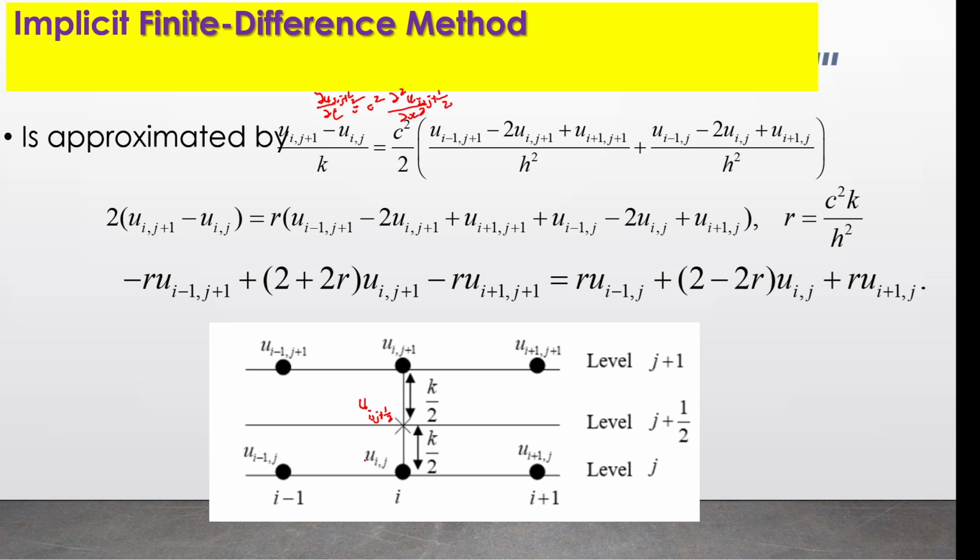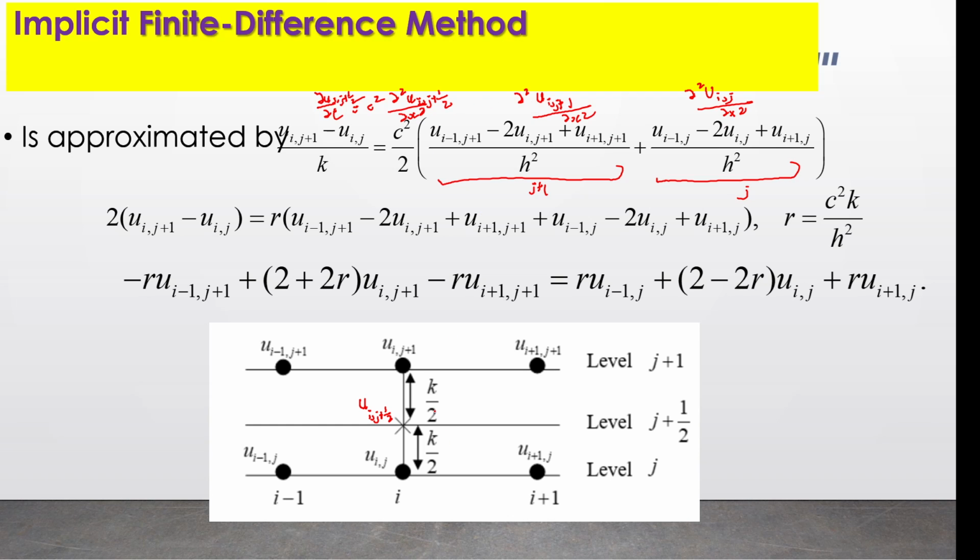So j plus half is the average of level j and level j plus 1. This is level j plus 1, this is level j. The first term is ∂²u(i,j+1)/∂x², and the second term is ∂²u(i,j)/∂x².